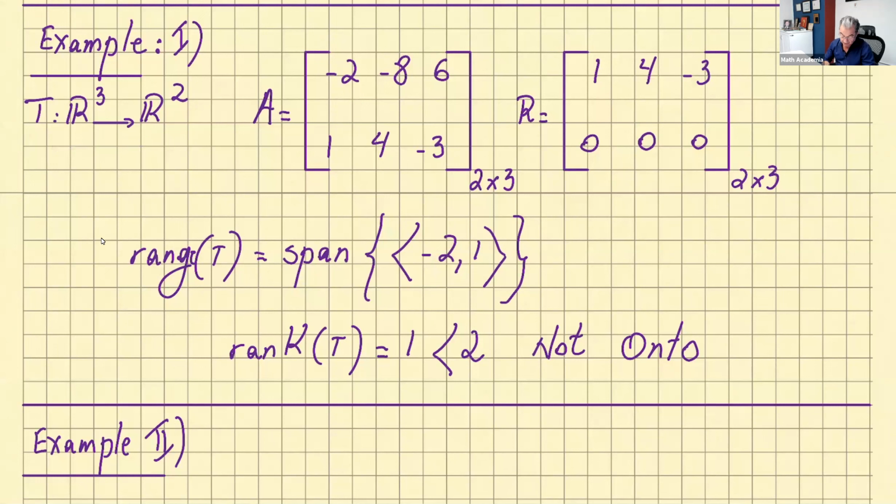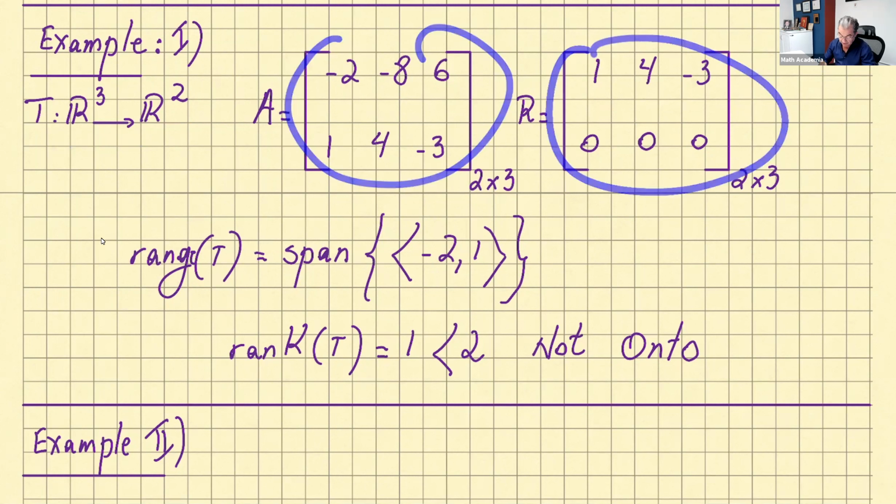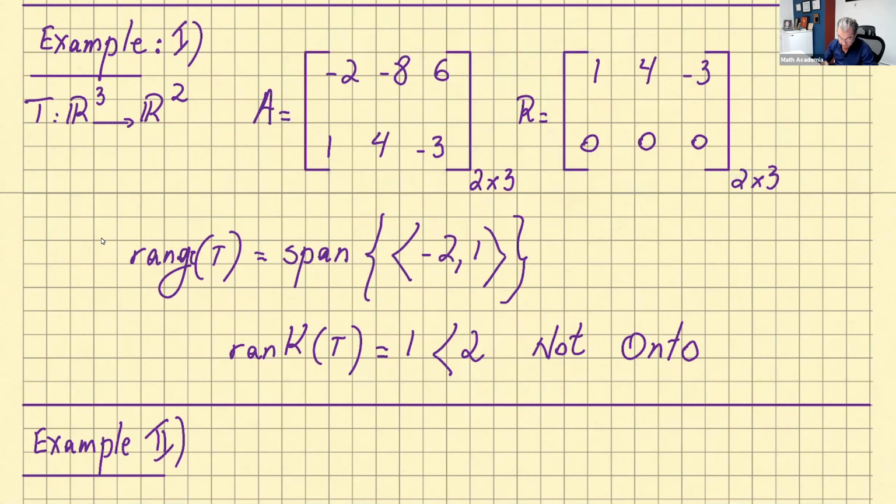If you find that's the matrix and the RREF is that, we notice that the range of T, which is the span of the column space, is going to be the vectors corresponding to the pivot columns in RREF. So it's just one pivot column here.